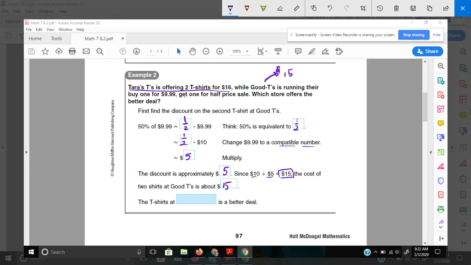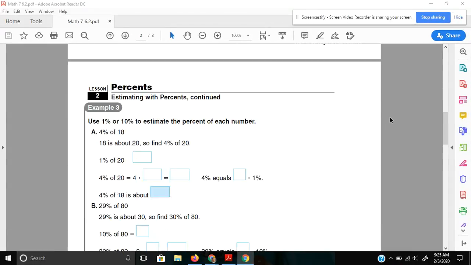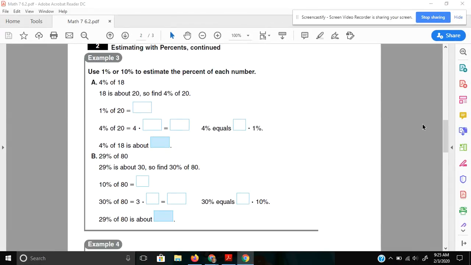Which one's the better deal? Well, Good Tees is cheaper. So the t-shirts at Good Tees are a better deal.